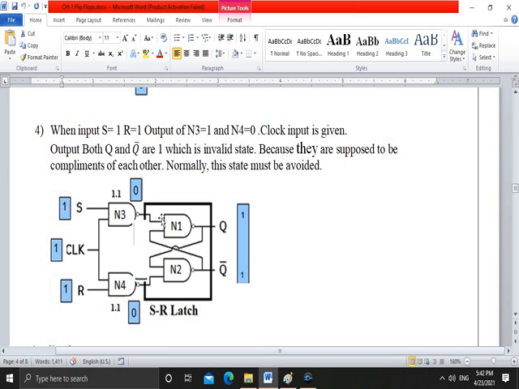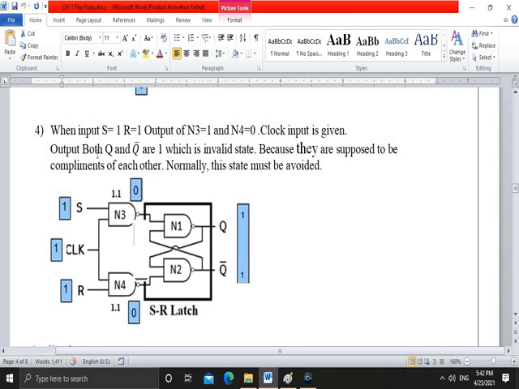Both the inputs of N1 and N2 are 0 0. So its one input is 0, so we can easily say output is 1. But both the outputs should not be the same. So this is an invalid state, or we avoid this state.